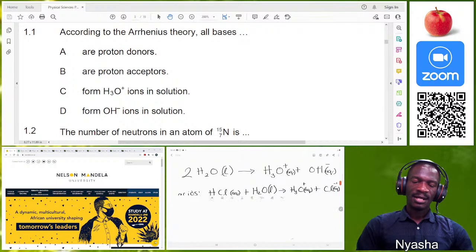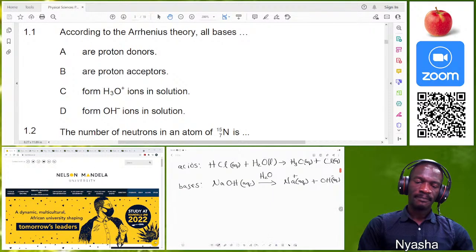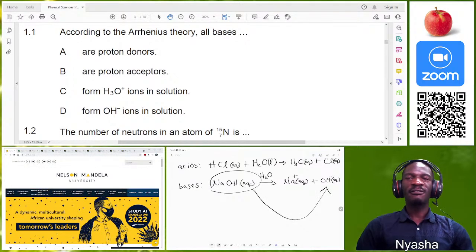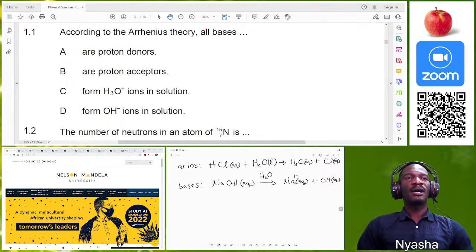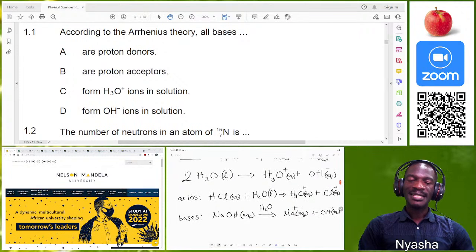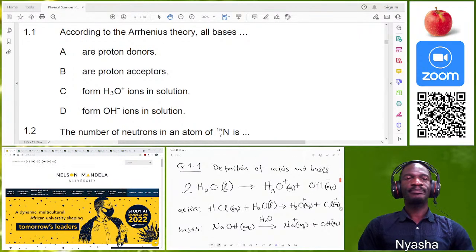Meaning that, according to the Arrhenius theory, bases are the source of these ions when participating in chemical reactions.